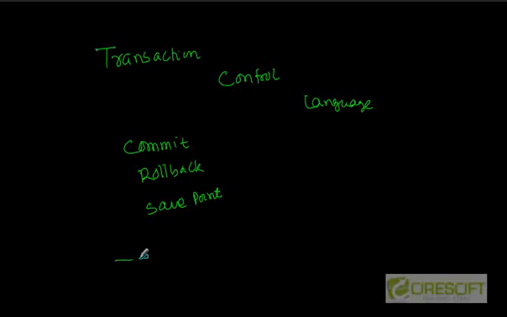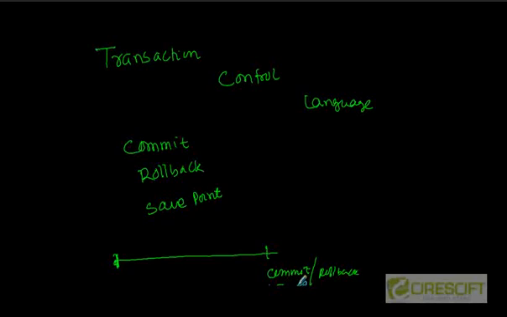So let's say you start your transaction at this point. You don't have to give any begin transaction. Anytime you start an SQL statement, that is the beginning of your transaction, until you do a commit or you do a rollback. Until you see this, that is the end of a logical transaction.